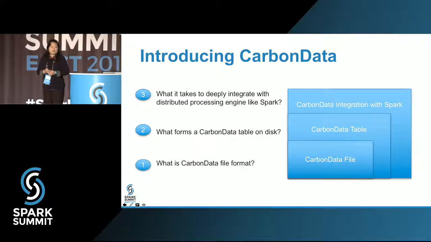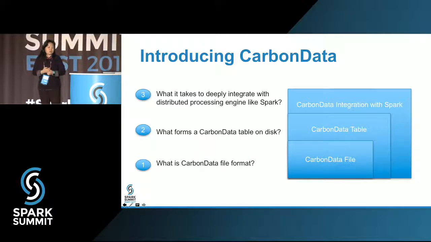So now you may be wondering what exactly is CarbonData. To make it a little easier for you to understand, we're going to explain in 3 different angles. First, we're going to start with what is the CarbonData file format, how CarbonData files are structured and laid out on disk.